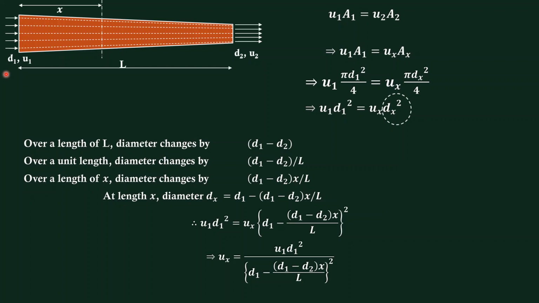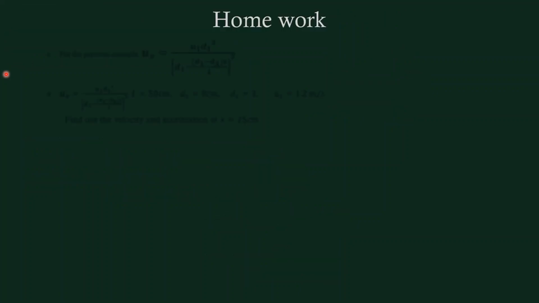Now I'll leave you some problems to solve at home. The example that we have discussed previously, where the flow field is given by this, we'll give some numerical values.